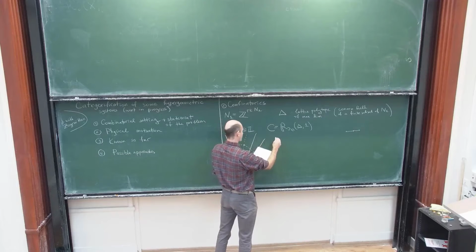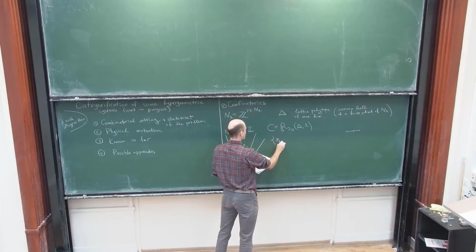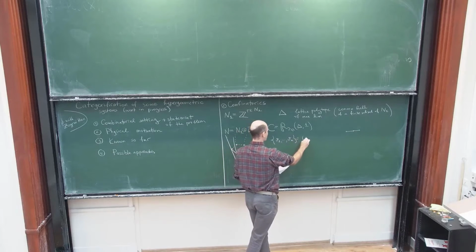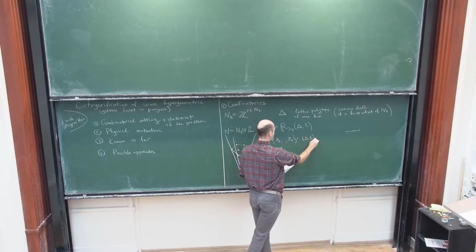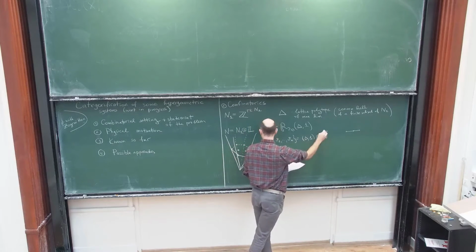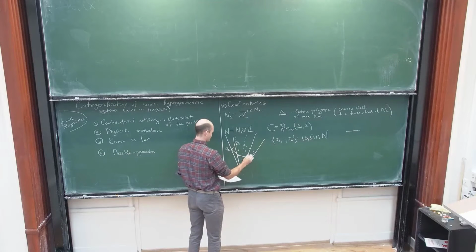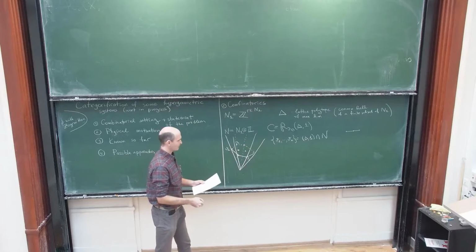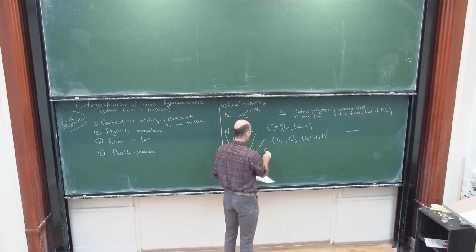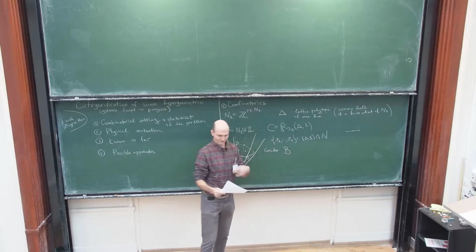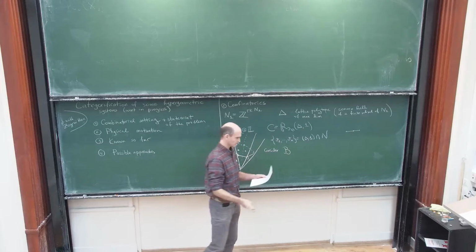So let's look at all the lattice points, V1 through Vn, are lattice points in my polytope delta. Basically, this is V1, V2 up to Vn, however many. And I'm going to consider B, which will be a base of all the families I'm going to be talking about.